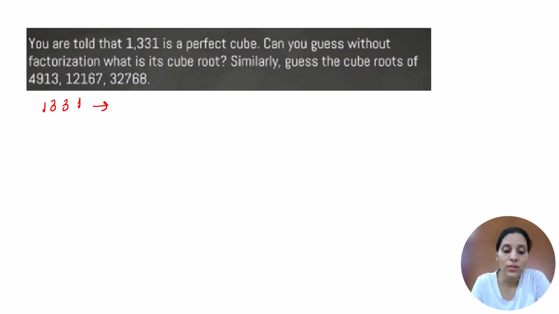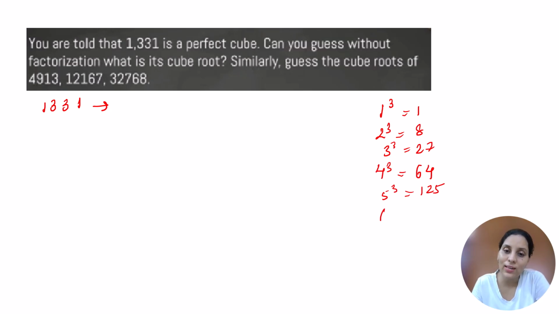Now 1331, you need to find its cube root, if it is a perfect cube. First, we will write the cubes of 1 to 10. 1 cube is 1, 2 cube is 8, 3 cube is 27, 4 cube is 64, 5 cube is 125, 6 cube is 216, 7 cube is 343, 8 cube is 512, 9 cube is 729, and 10 cube is 1000.